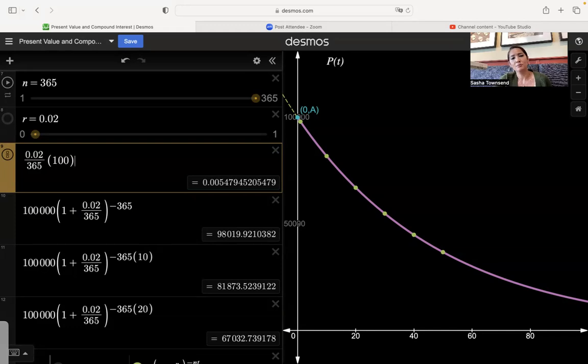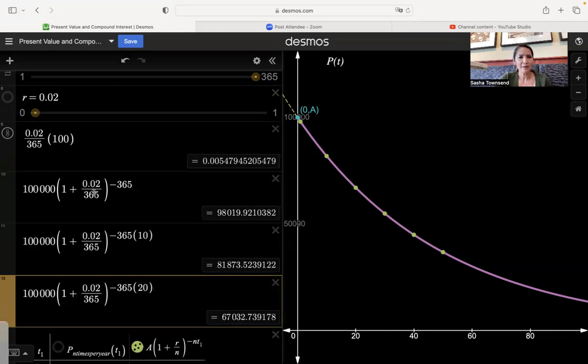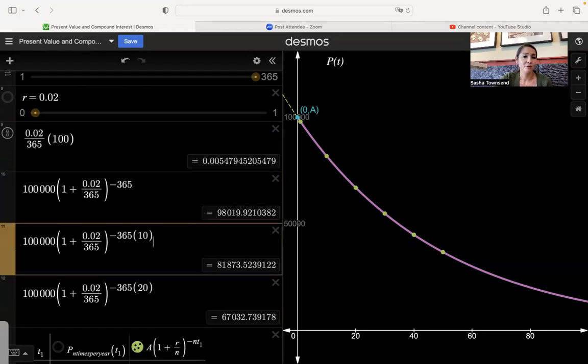But if you add that much interest every day for an entire year, at the end of the year that sort of accumulates to that 2% annual interest rate. So you compound that interest 365 times. And if you do that, then this is the amount that you need to deposit now to have $100,000 a year from now.